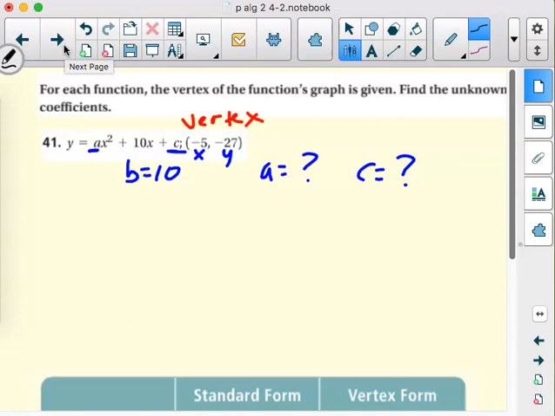Has to use b, a, and x. Is it the y equals ax squared plus bx plus c? No, but you're getting closer, Amos. You're so close. B, A, and X.